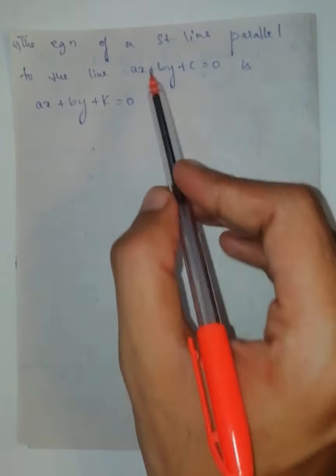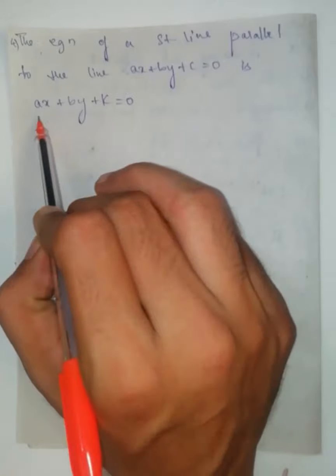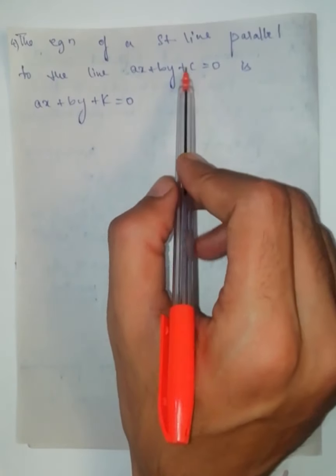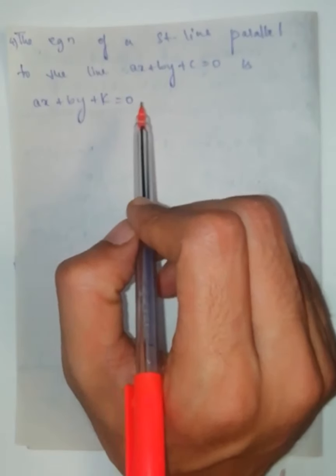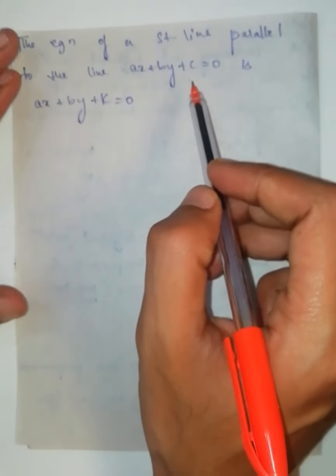Any straight line which is parallel to this line is in this format. Same, just here the constant term c becomes k. These two lines are parallel to each other.